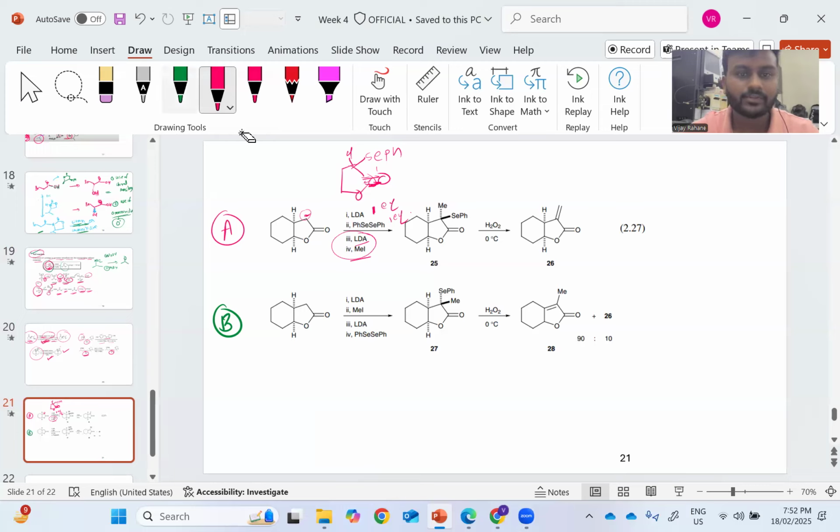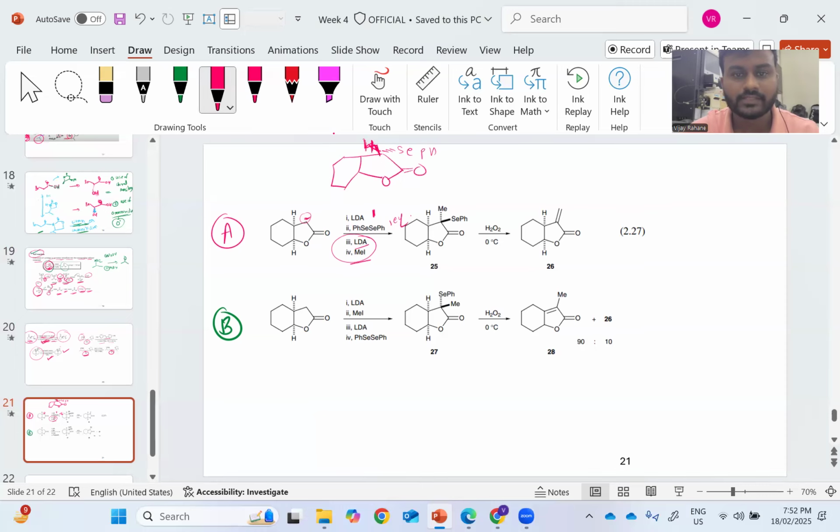So if you look at the stereochemistry of these intermediates, if I draw the entire structure here, the stereochemistry of this intermediate looks like this. So the SePh will be on the dotted side, and this hydrogen is on the beta side, right?